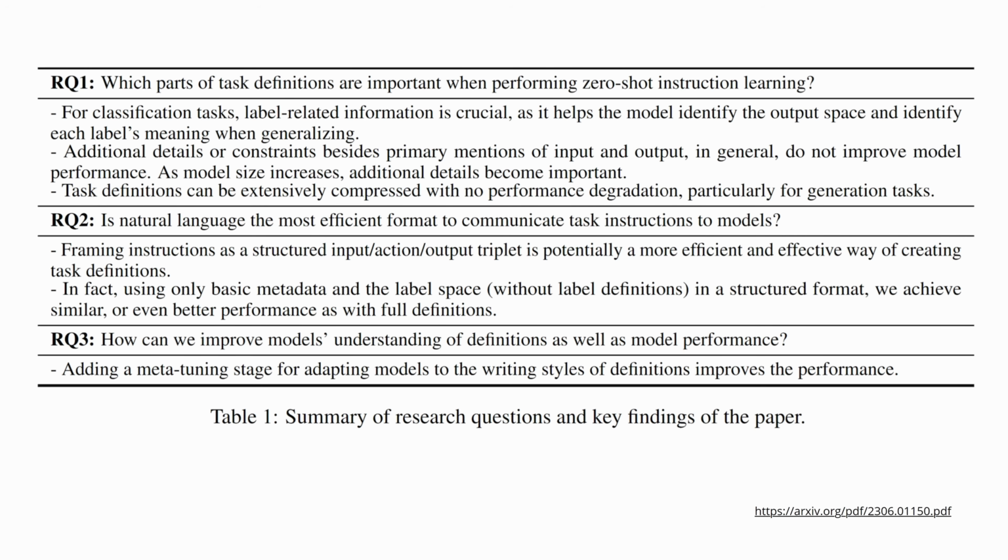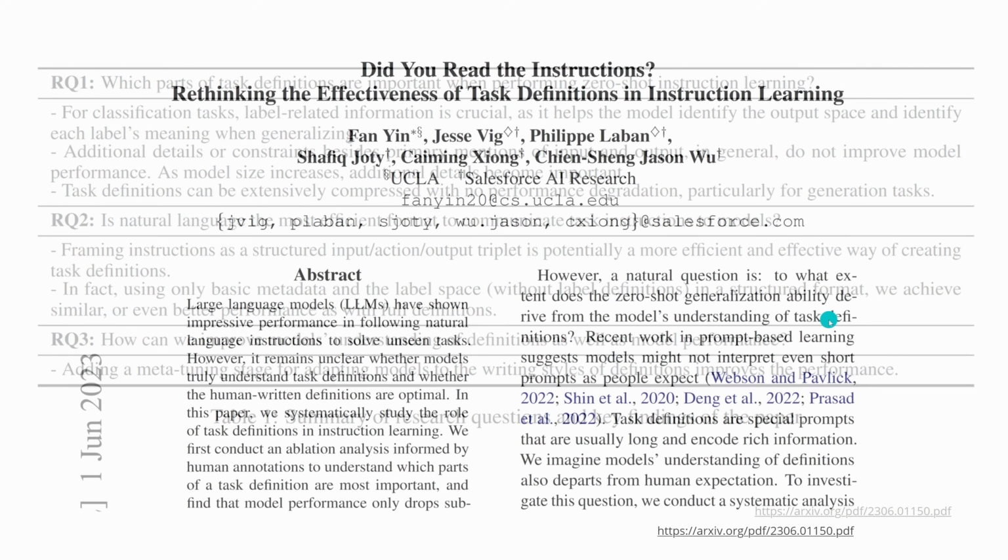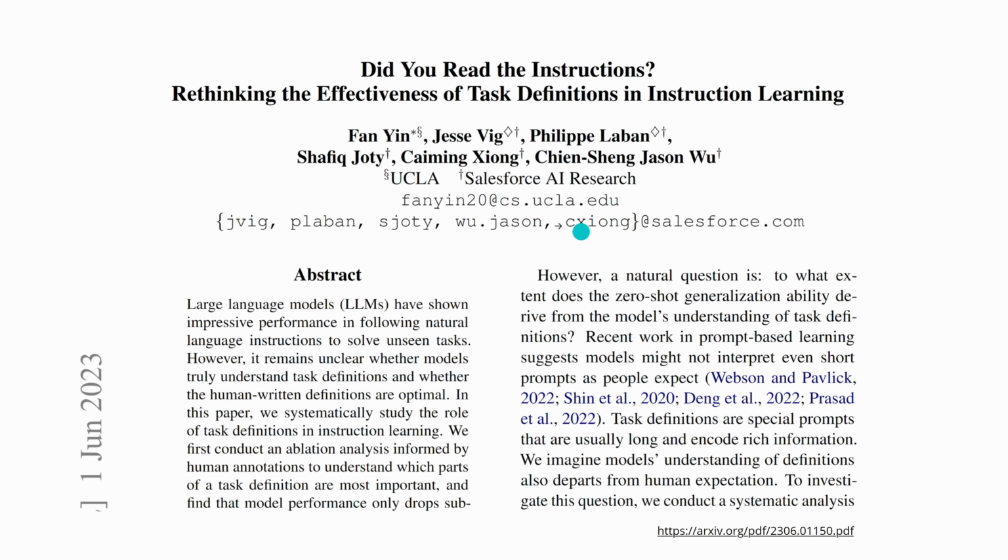And they say, if we frame our instruction as a triplet that contains input, action, and output, this has the best performance. And they say this triplet performs best because we have an understanding of the meta-tuning stage for adapting the models to our performance. This is the study. This is UCLA and Salesforce AI Research.